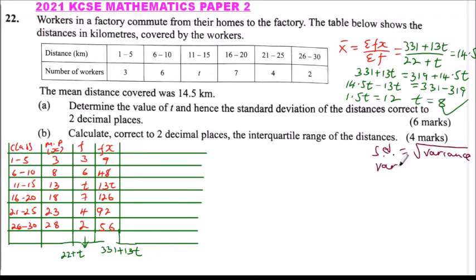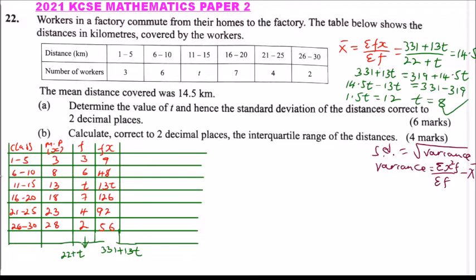Variance is equal to the summation of x squared f divided by summation of f, minus x bar squared. We already have the mean, but we need a column for x squared f.